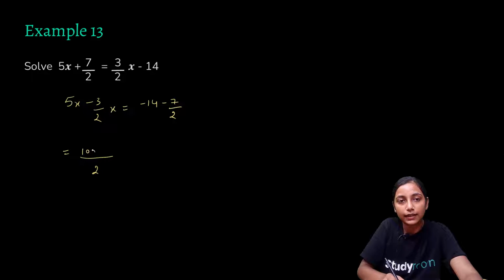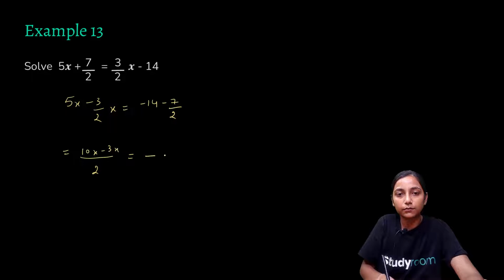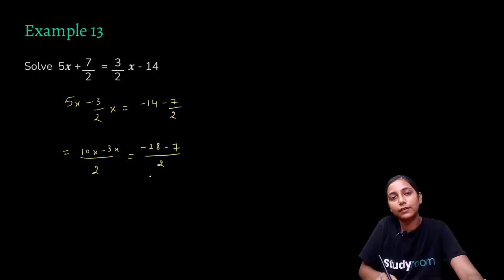This will become 10x minus 3x, and this will become minus 28 minus 7. The 2 and 2 are going to be cancelled here. So it will be 10x minus 3x equals to minus 28 minus 7.